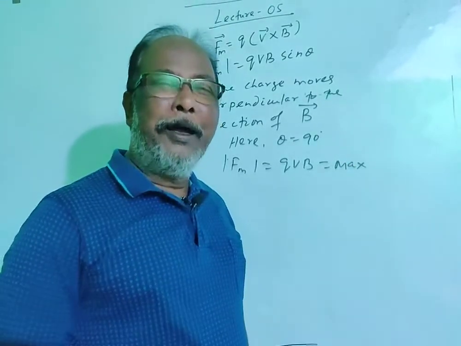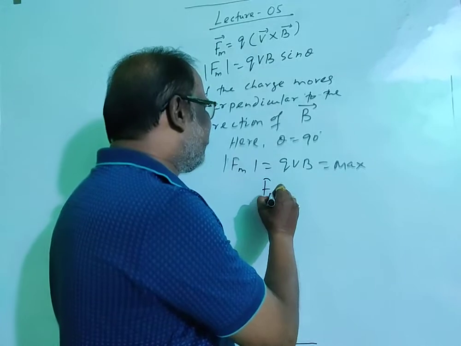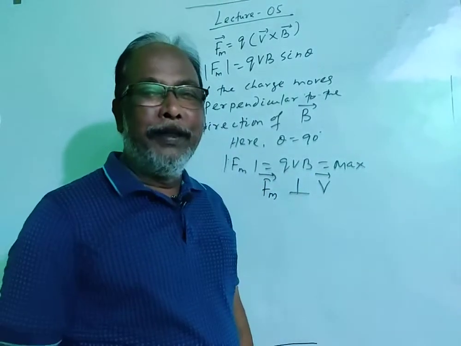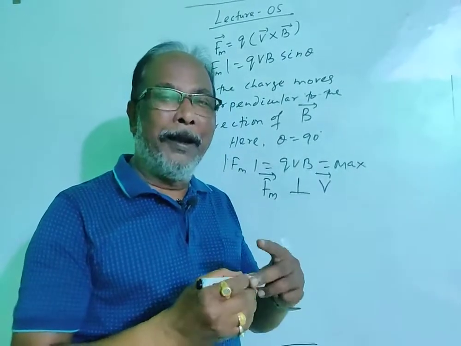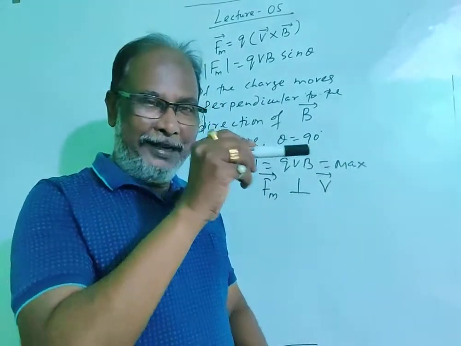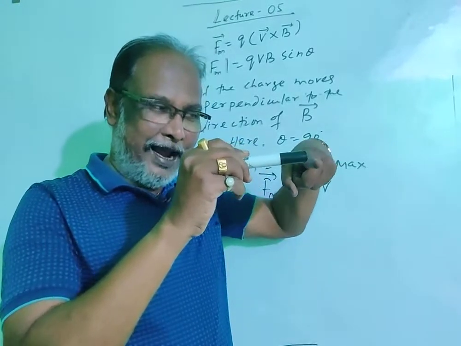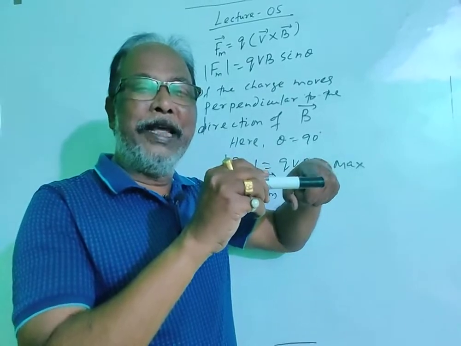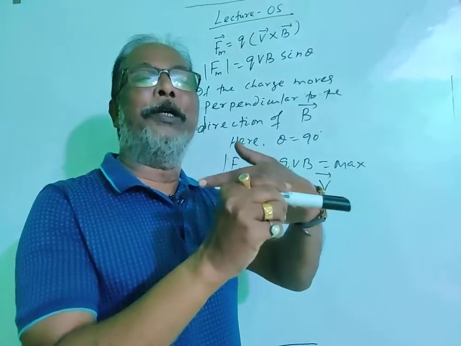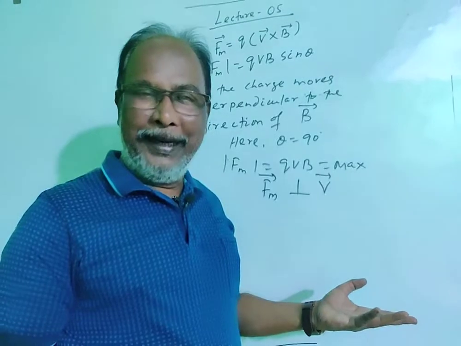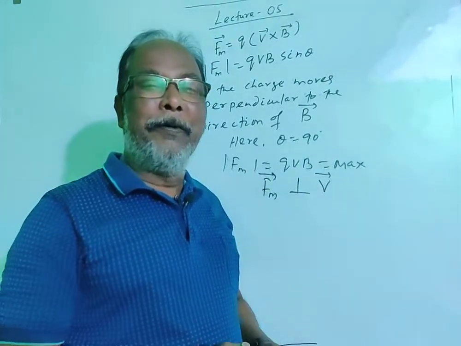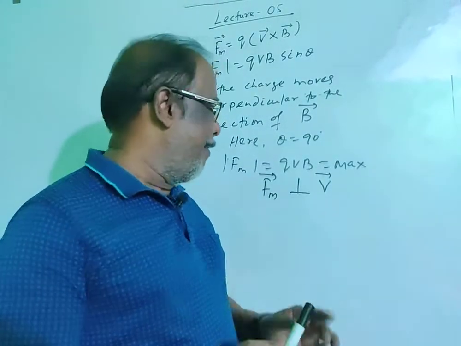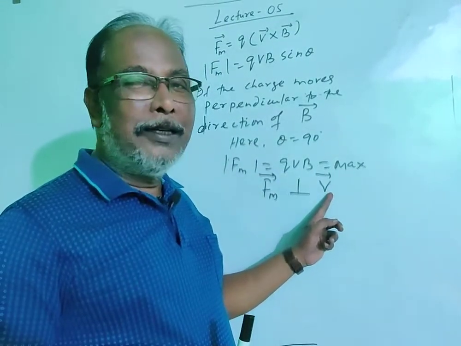And also, as we have discussed, this magnetic force is perpendicular to velocity also. If force acts at an angle 90 degree to the direction of velocity, then there is no component of force along the direction of velocity or opposite to it. So magnitude of velocity doesn't change.